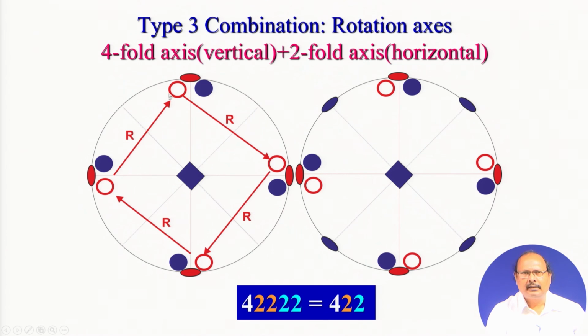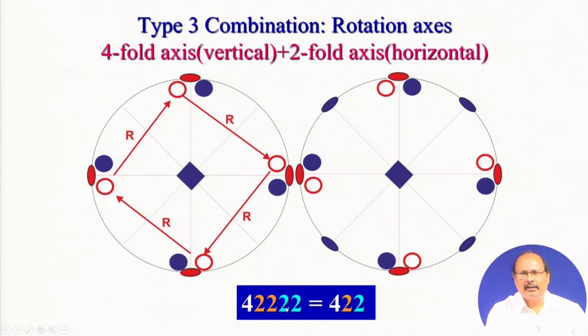So, this 90 degree rotation with respect to the vertical axis will produce 3 additional motifs of open circles of red color, and the operation of the horizontal two-fold axis of this orientation and this orientation produces 4 additional motifs here, which are now closed symbols. This closed symbol and open symbol can also be related by the presence of another two-fold axis of this orientation here, another two-fold axis on this side.